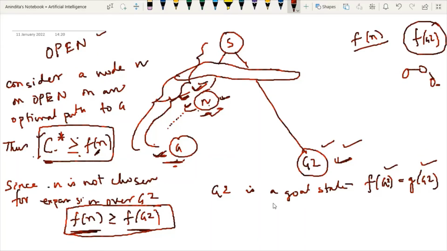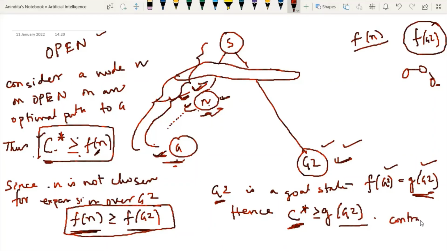Hence, from this we can write C star is greater than or equal to g(G2). C star means the optimal cost and g(G2) means the cost of the path for reaching this G2. So this cost is greater than this one, but this is a contradiction.